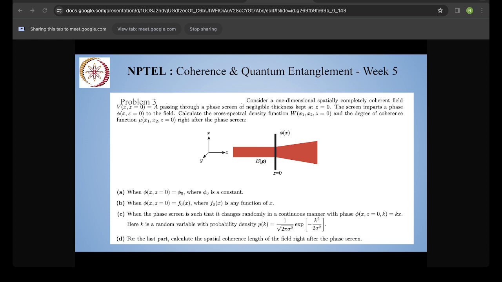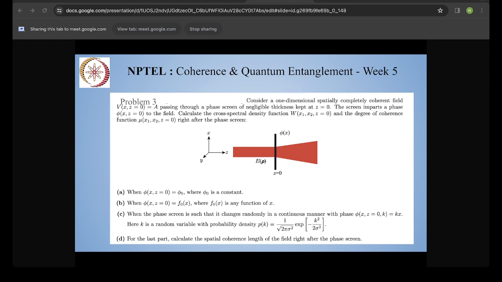That means W(x1, x2, z equal to 0) will become V star(x1, z equal to 0) V(x2, z equal to 0), which is equal to A square, and mu(x1, x2, z equal to 0) equal to W(x1, x2, z equal to 0) by root over of W(x1, x1, z equal to 0), that means the intensity I(x1, x1), and W(x2, x2, z equal to 0), that means I(x2, x2).